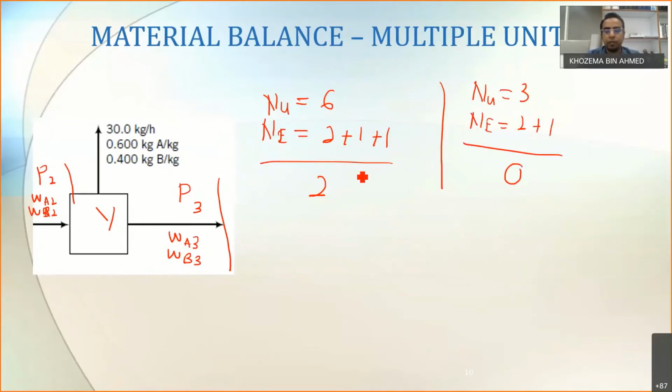So that is why it is important for you to do degree of freedom analysis properly, so you know where you need to start. Because if you start here, definitely you cannot solve. So you have to start with unit X first.